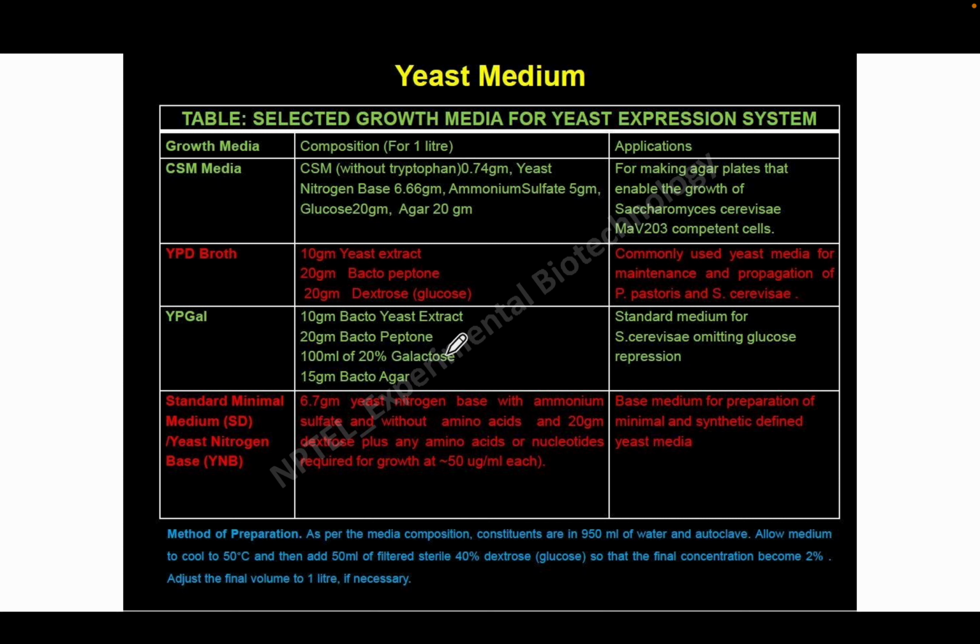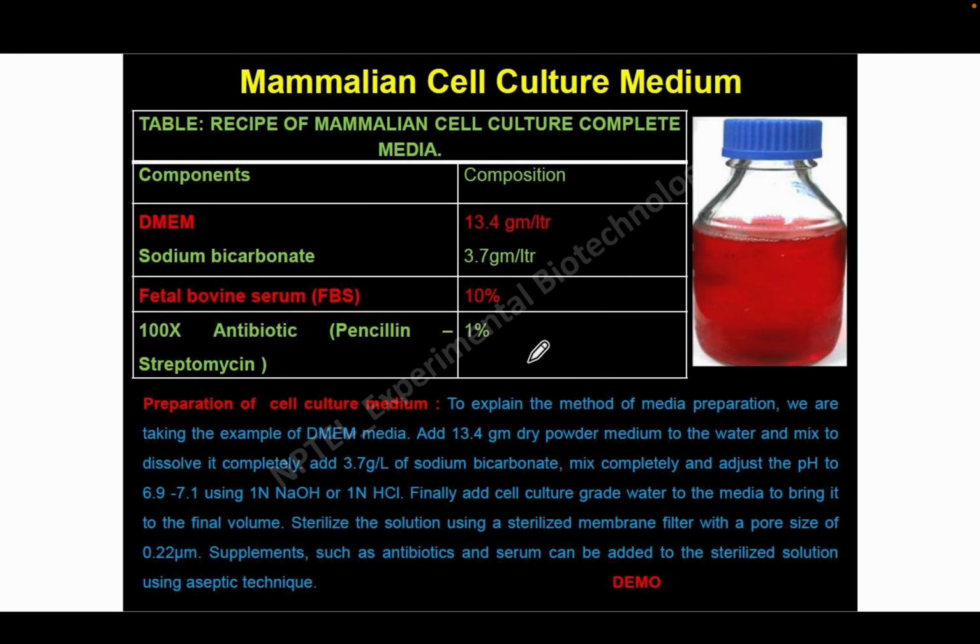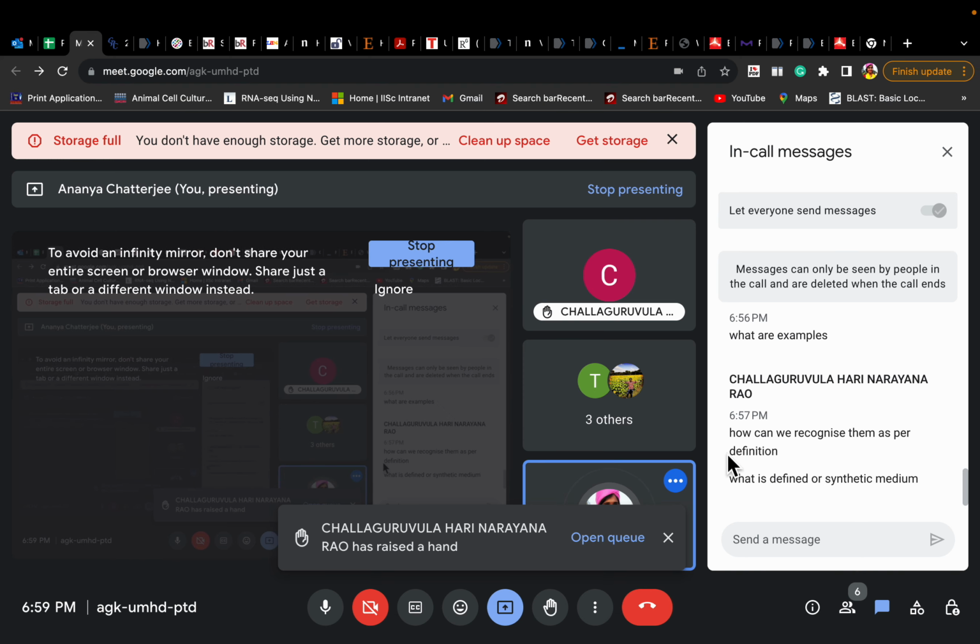You can synthesize it, right? Because you have those components written out there. So that means those are synthetic media. And non-synthetic media means those that don't have any proper, precise composition of ingredients. Okay, I hope it's clear now.